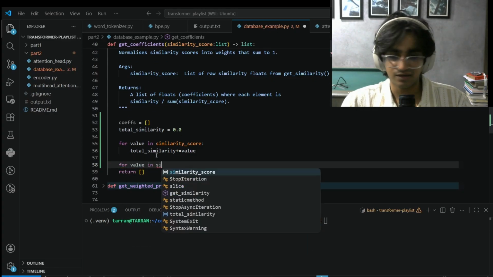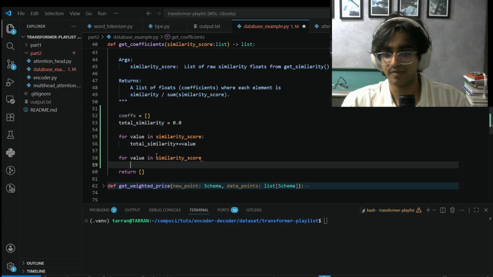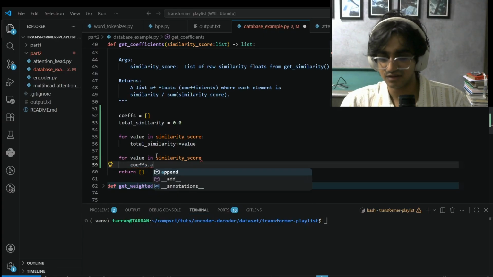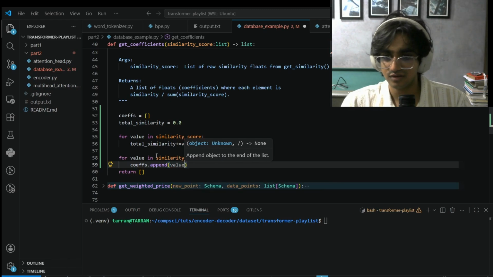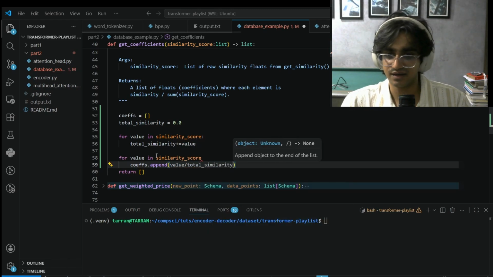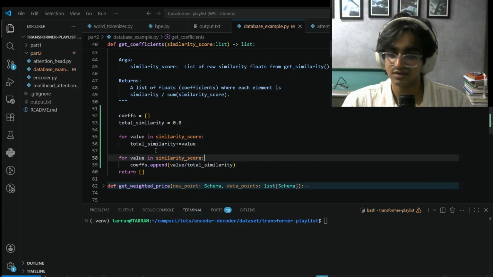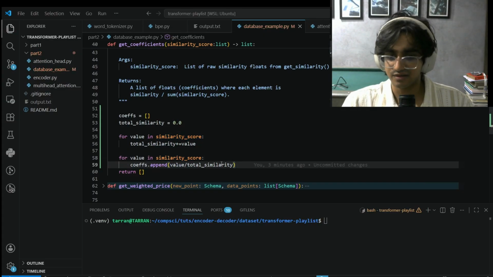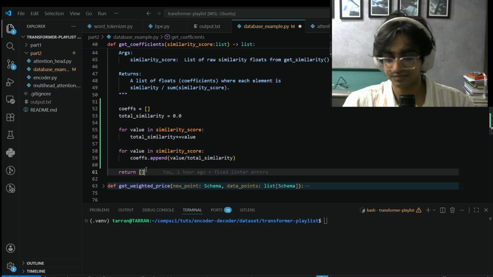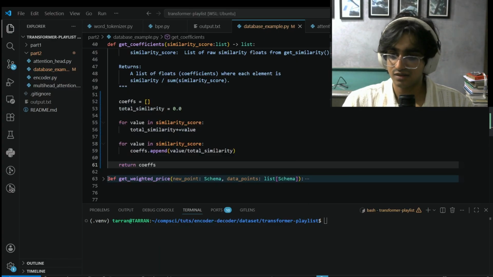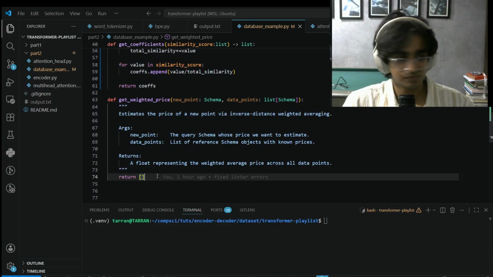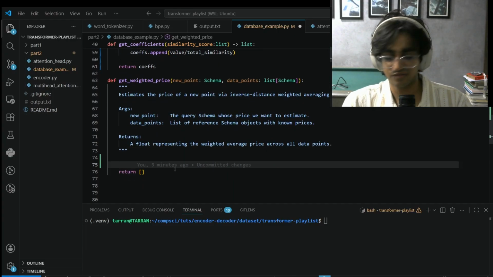And then for value in similarity score, we're just going to append: your coefs dot append, and we simply append our value over the total similarity. We're going to keep this, and we will be returning the coefficients. Then for us to get the weighted average, that's going to be easy. We've got our coefficients.